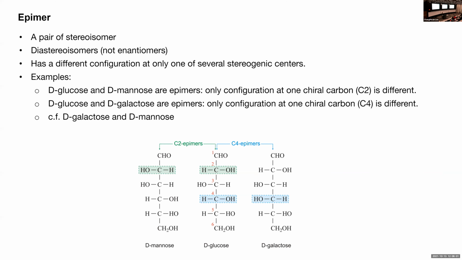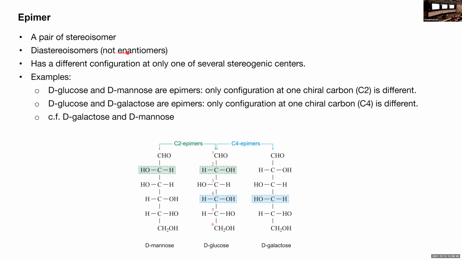Okay. And I briefly talked about epimers and anomers, right? We're going to keep covering these definitions of the different isomers, because these are really important to identify different simple sugar structures. So epimers are among the stereoisomers, a pair of stereoisomers that are not enantiomers, especially for sugars.